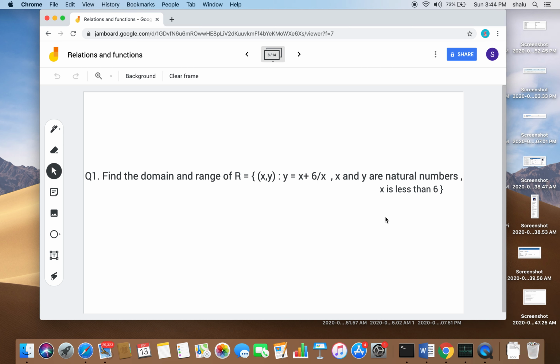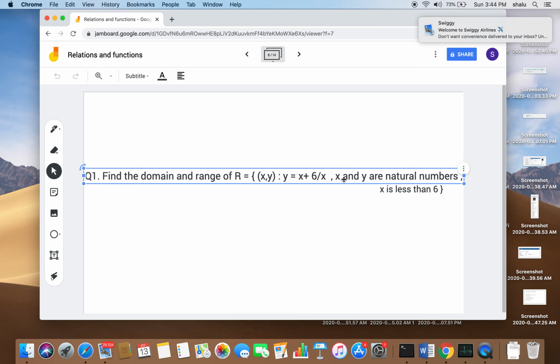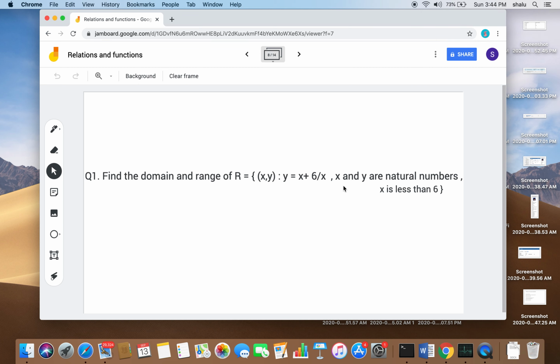First of all, we write the ordered pairs in this question. How do we write the ordered pairs? We're going to take x as natural numbers. What is the first natural number which is less than 6? 1. Yes, we'll put x equals 1 here.